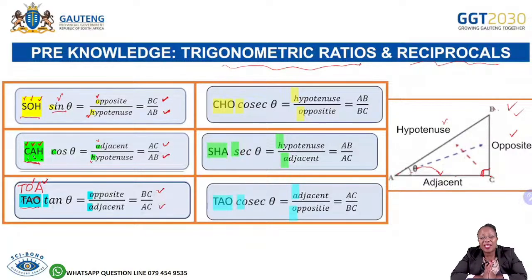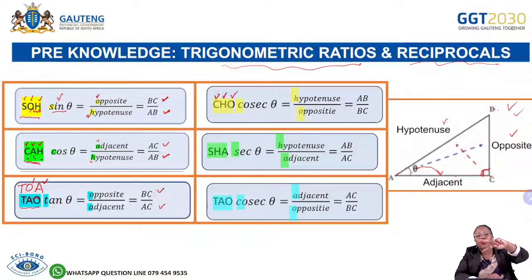And then now let's look at the reciprocals. What do we do with the reciprocals? Remember, the reciprocal of a sine is a cosec, of a tangent it's a cot, of a cos it's a sec. So now we say CHO, they say CHO sometimes. To remember that, you must know that now we are looking at the cosec. If this was opposite over hypotenuse, this one will be hypotenuse over opposite.